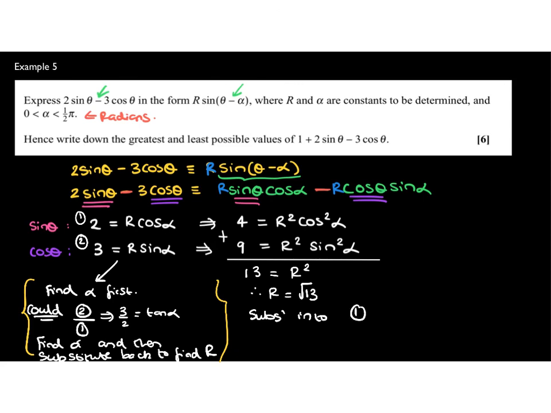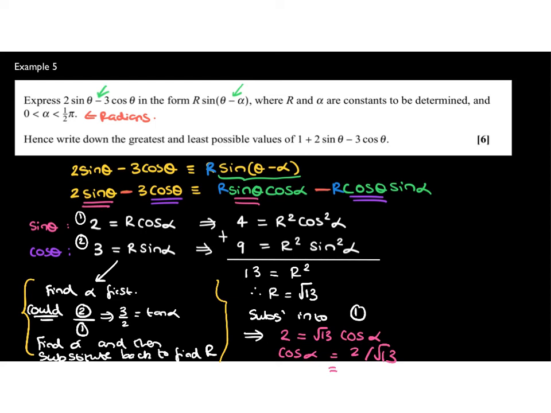I'll pick equation 1. So that then gives me 2 equals root 13 cos alpha. So cos alpha equals 2 over root 13. Remember, we are working in radians. We know that from the question, so you must double check that you are doing that correctly.